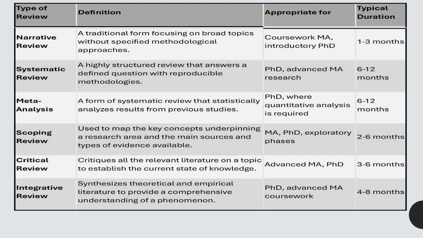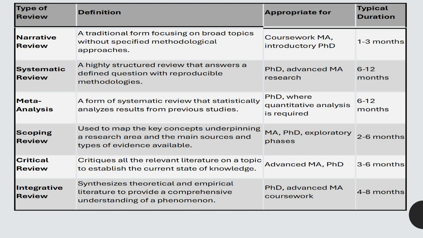But a systematic review takes longer, anything from 6 to 12 months. And that brings us back to the time that you need to do it in. So when you start thinking about what type of review you want to do, it's important to look at the time you have available to do it in.